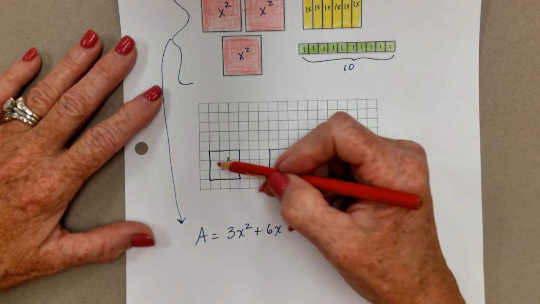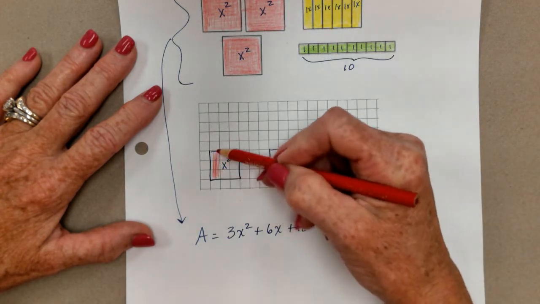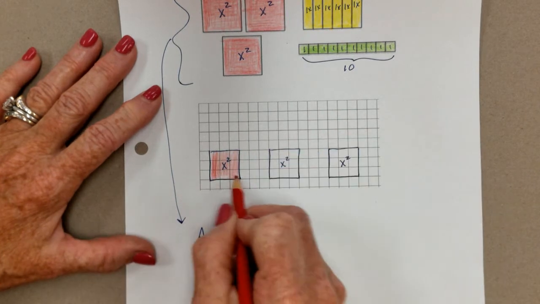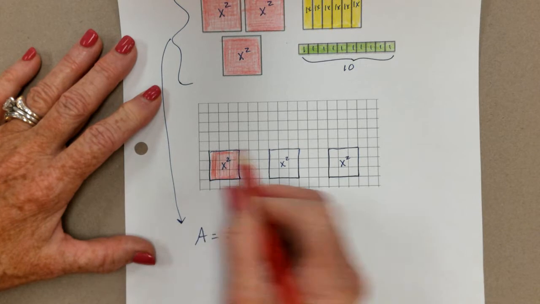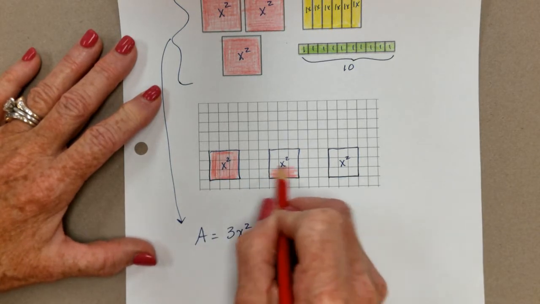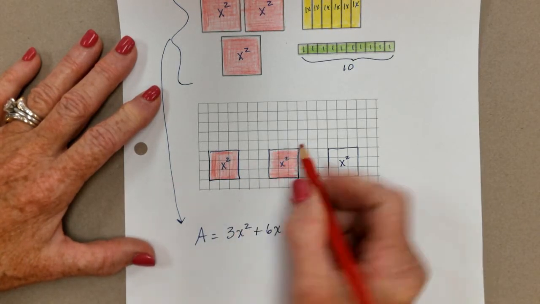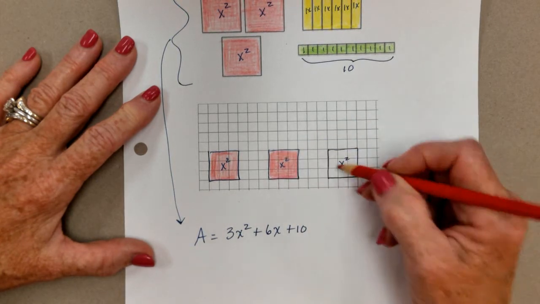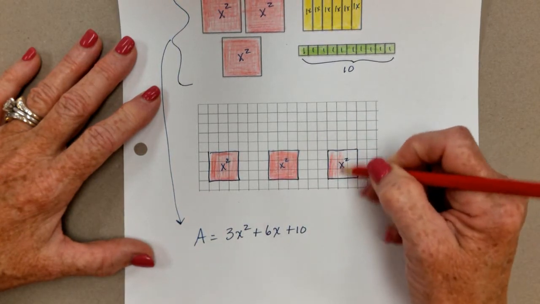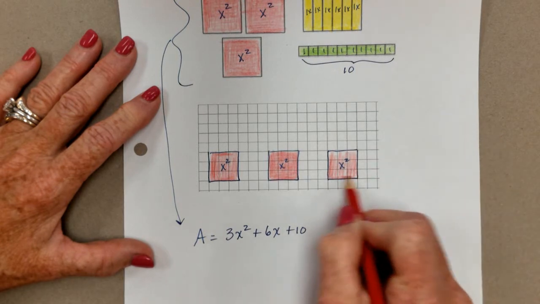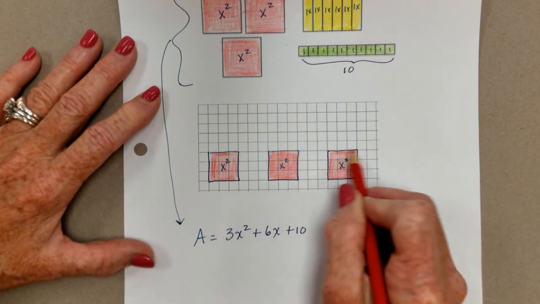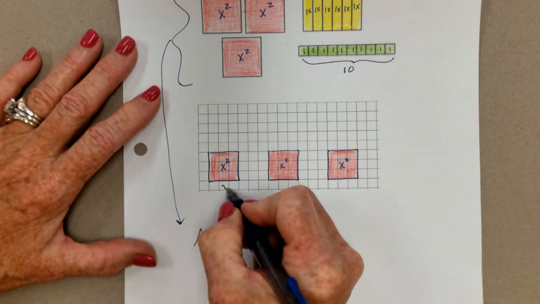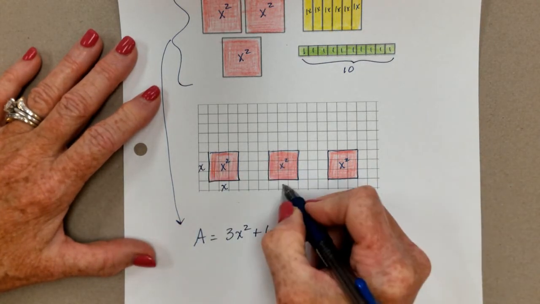Now those are all the red ones. Okay, and we know that each of these was x by x.